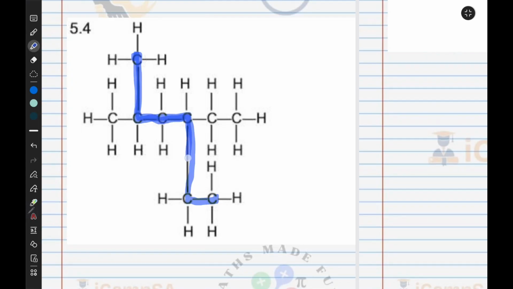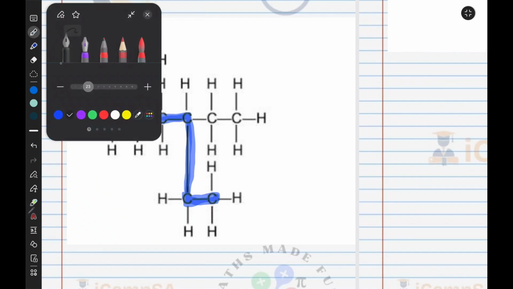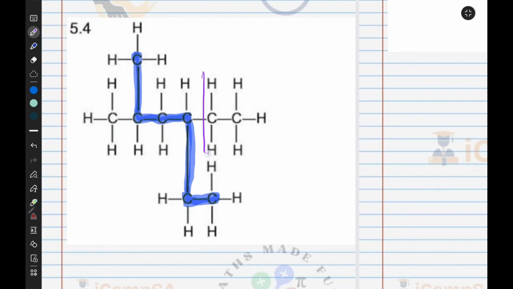Even if you chose this branch, it's okay, you can do it. You get your alkyl groups there, it's still fine. That's alkyl group number 1, it's on the outside of the main chain. That's alkyl group number 2.